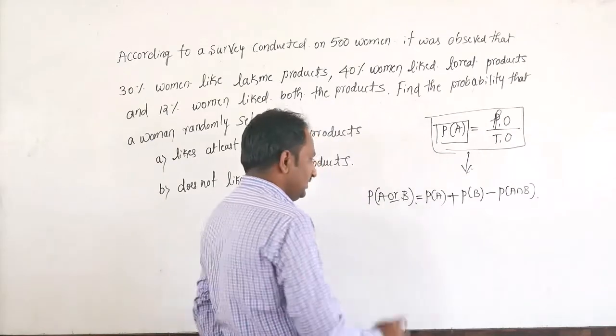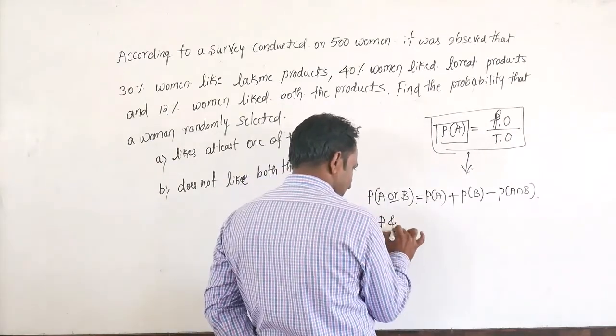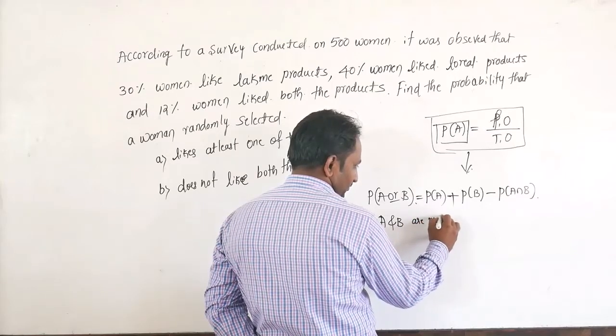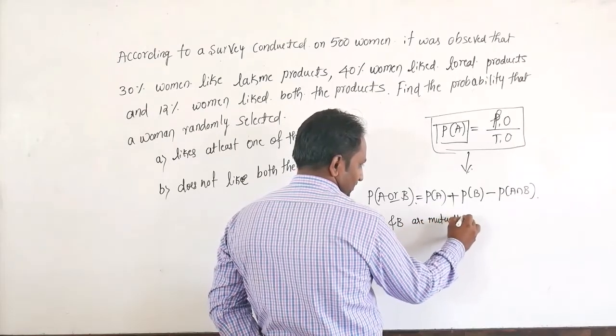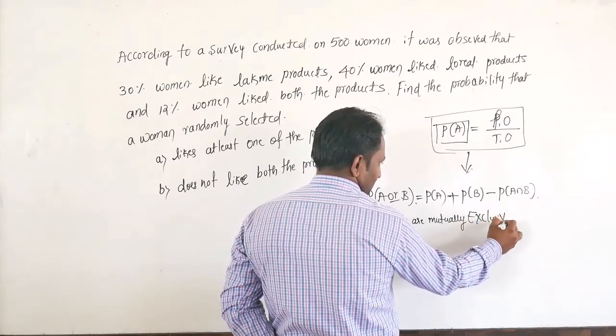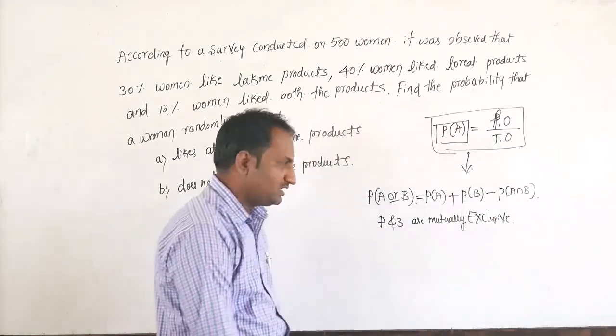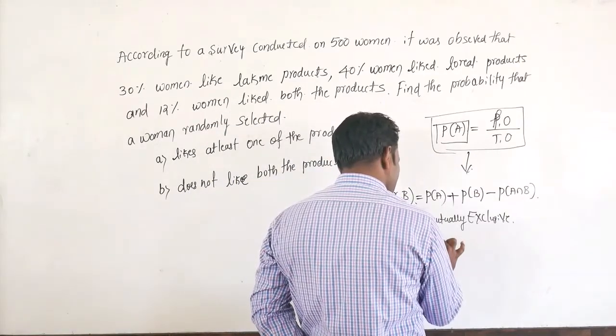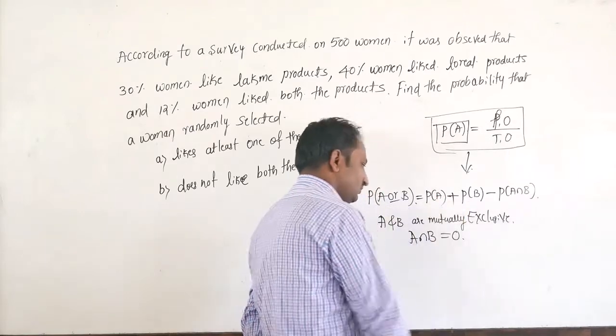Suppose A and B are mutually exclusive. Then A intersection B is equal to the null set.